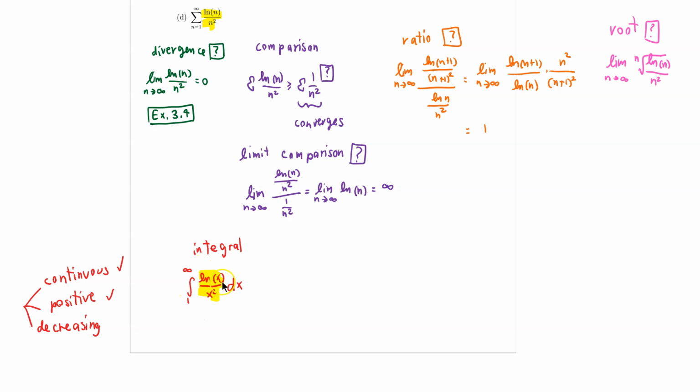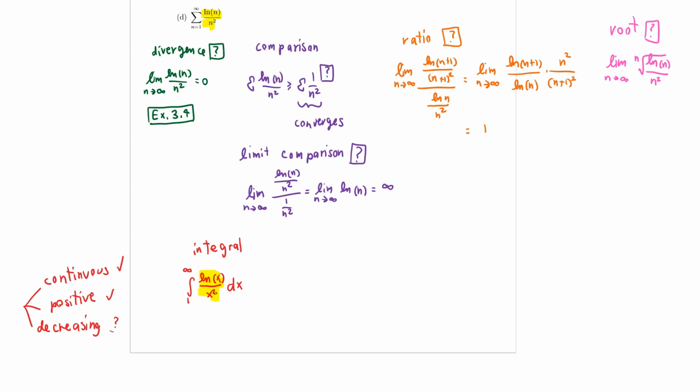Log of 1 is 0. So this is definitely positive, and x squared is definitely positive. So the ratio log x over x squared is definitely a positive function.